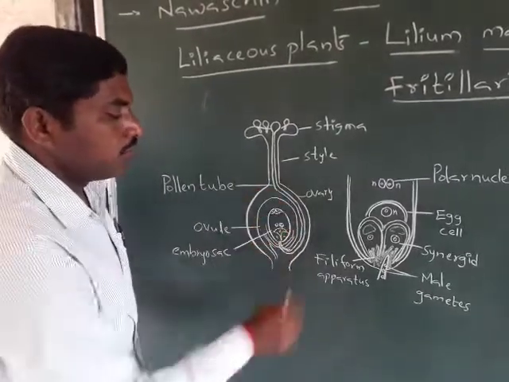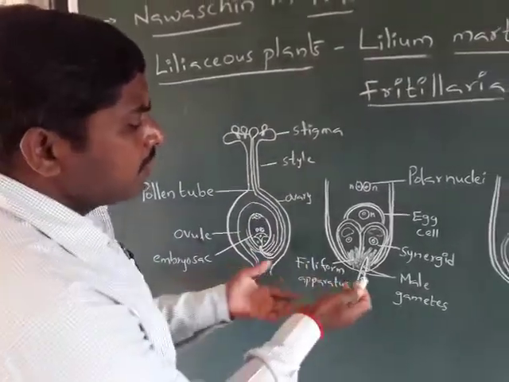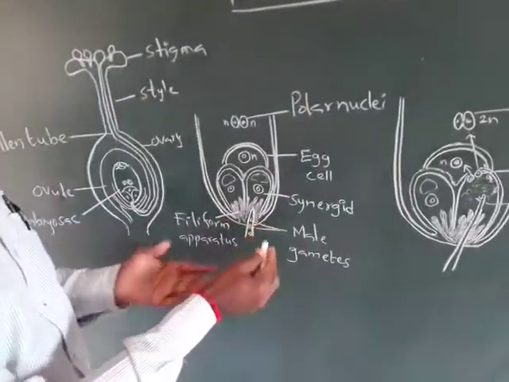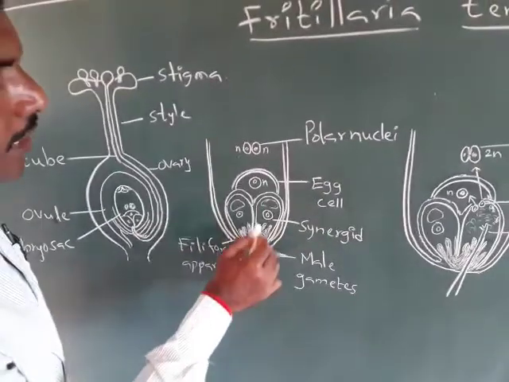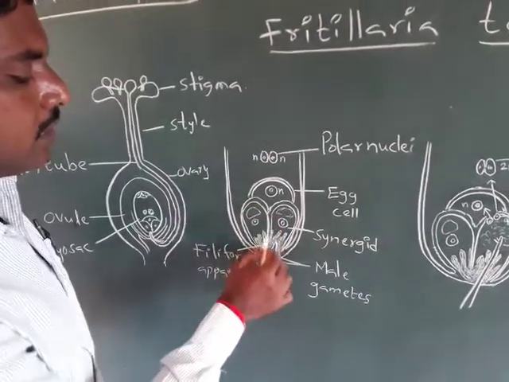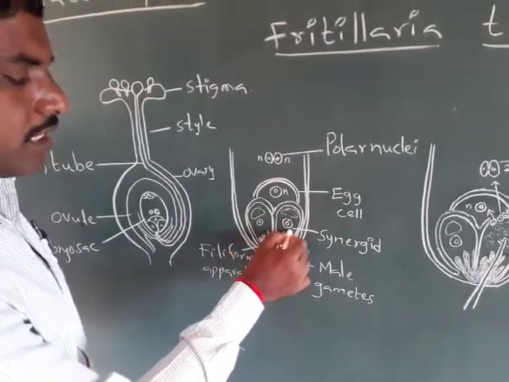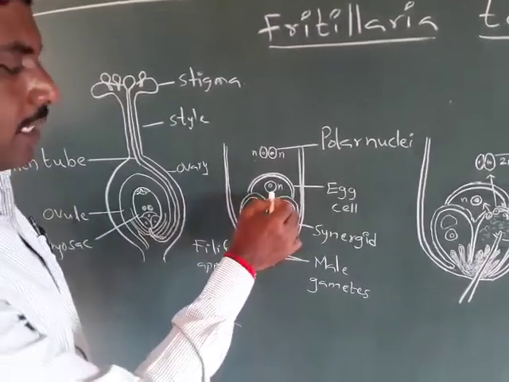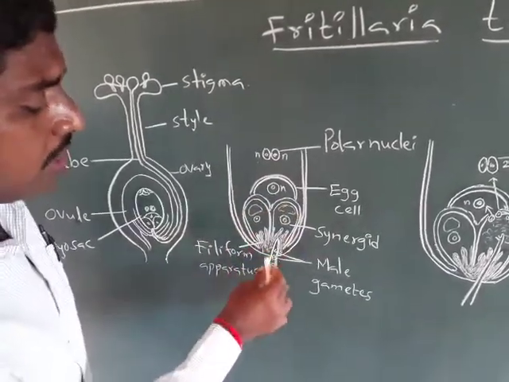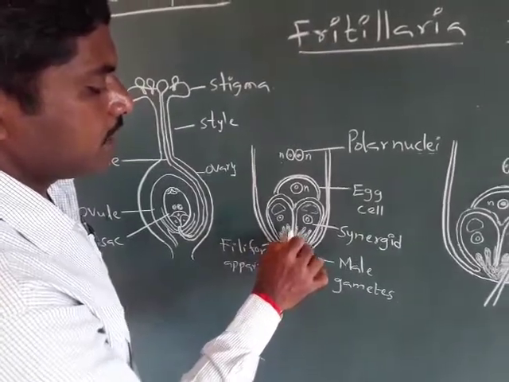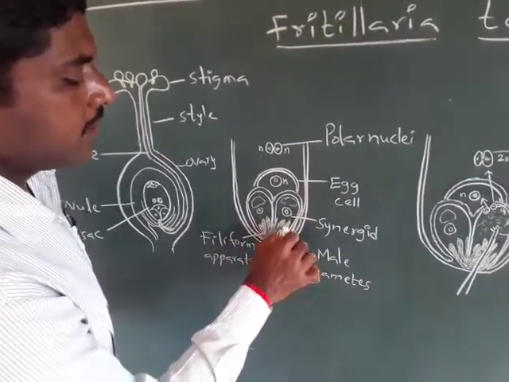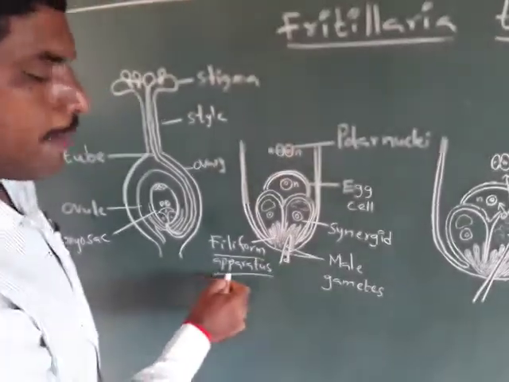Here it is the egg apparatus, and here it is the embryo sac. The egg apparatus consists of two synergids and one egg cell. These synergids have finger-like projections, called the filiform apparatus.